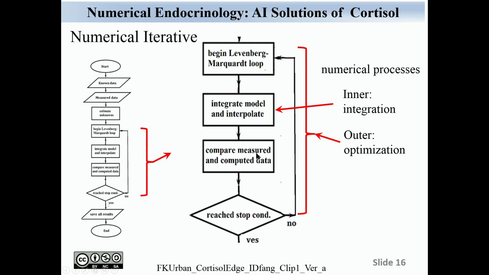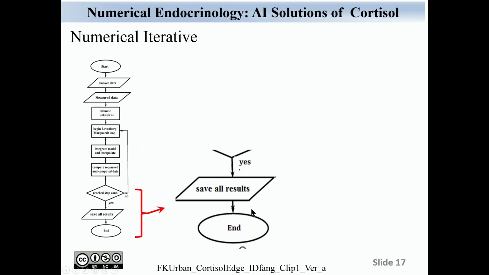And then we compare the measured and the computed, and if they don't agree yet, then by checking, we come up here and make another loop through, make some adjustments, and do it again, and do it again, and do it again until we get to a stopping condition, and then we're finished. We'll see that happening here in a moment. Then we save the results and call it a day.